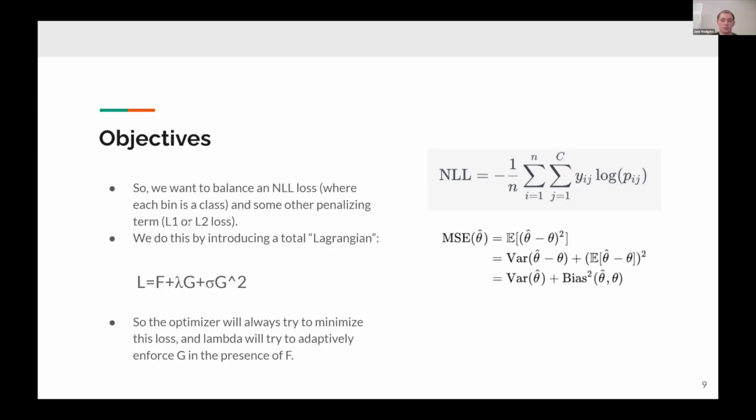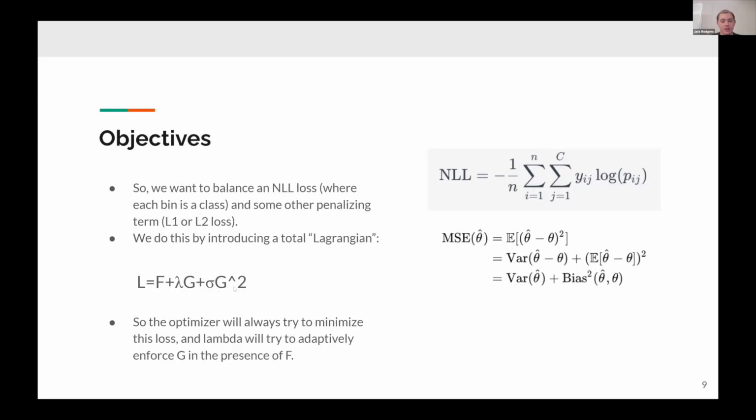So L1 or L2, which if you're not aware is just difference or difference squared. We do this by introducing a total Lagrangian, you could call it. You can think of it as Lagrange multipliers, constrained optimization, however you want to think about it. The main thing we introduce here is this G, which would be our L1 or L2. So we have some damping scaling, all right?